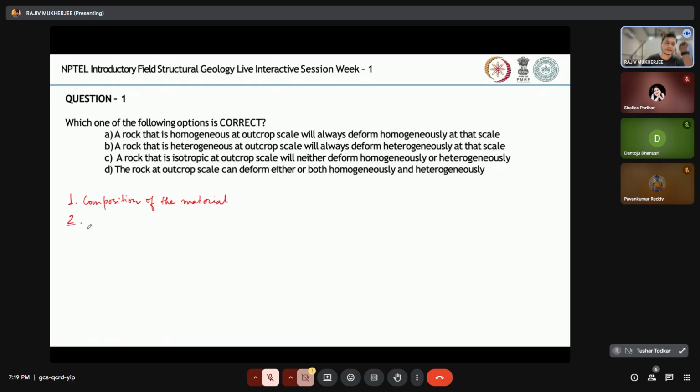Number 2 is the scale of observation. And number 3 is obviously the mode of deformation.